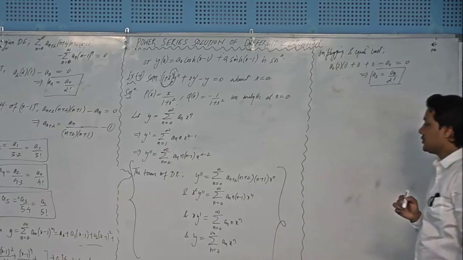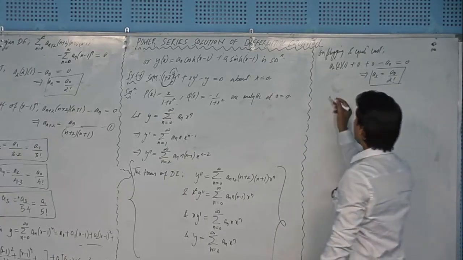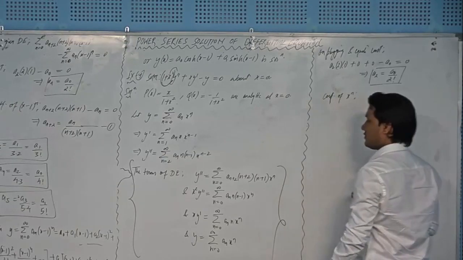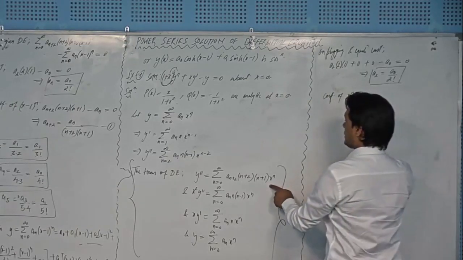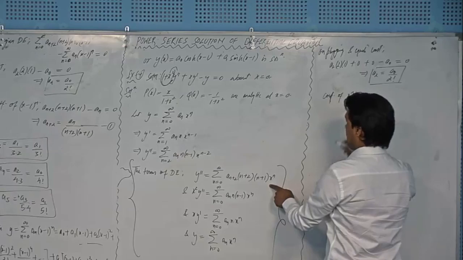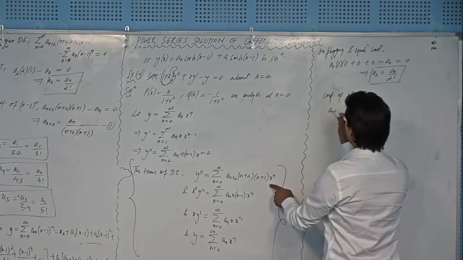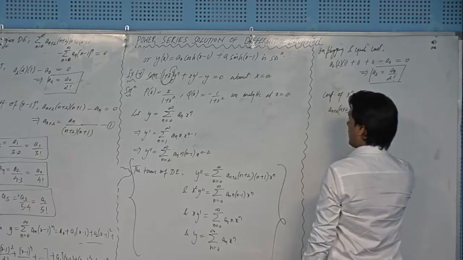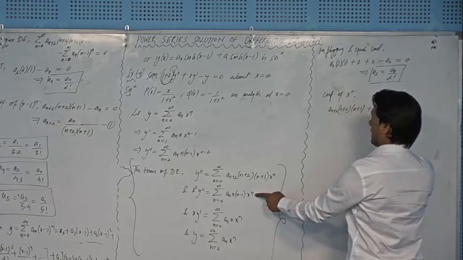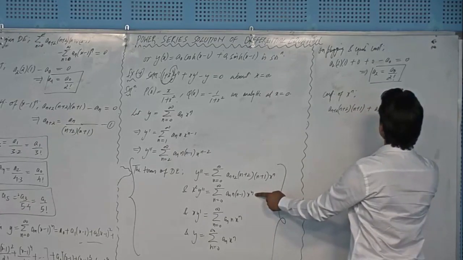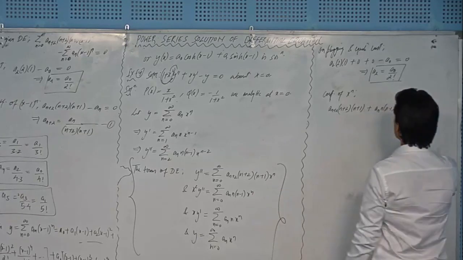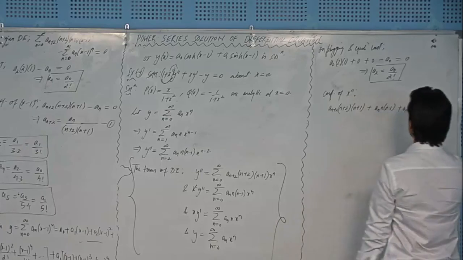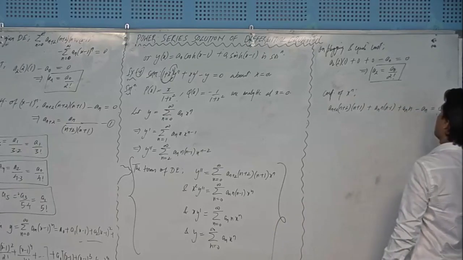Okay. What should I do now? Should I equate the coefficient of x to the power n? Yeah, from here I will obtain x to the power n, and that is a n plus 2 times n plus 2, n plus 1, and from here I will get a n times n minus 1. From here I will get a n times n, and from here I will get minus a n equal to 0, right?